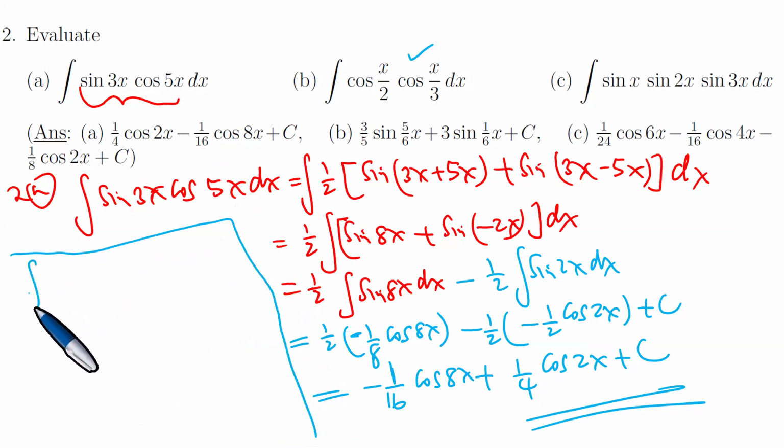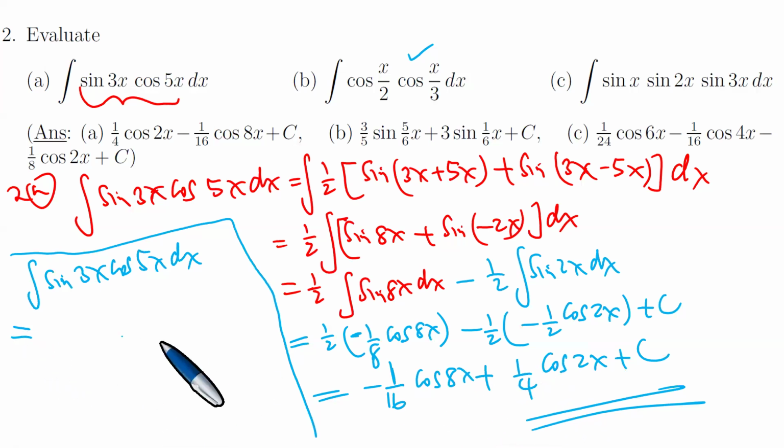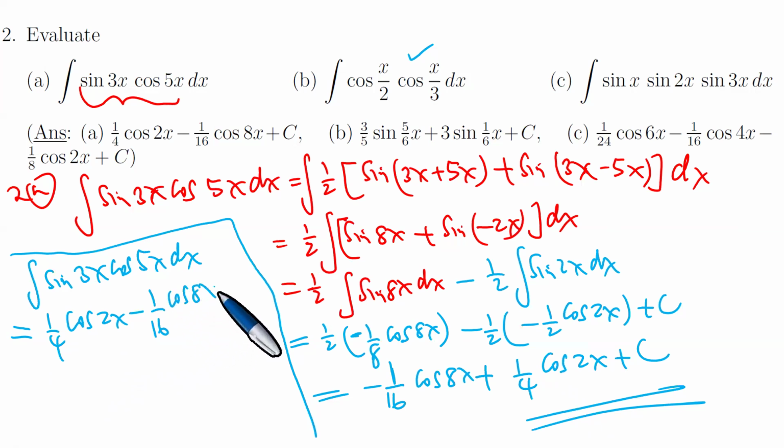In other words, whenever you have the integral of the sine of 3x cosine 5x dx, it is the same as this one, 1/4. So these things, the way you need to learn them, you need to repeat what I've done because it's still new to you, but yeah, you will get familiar with this.